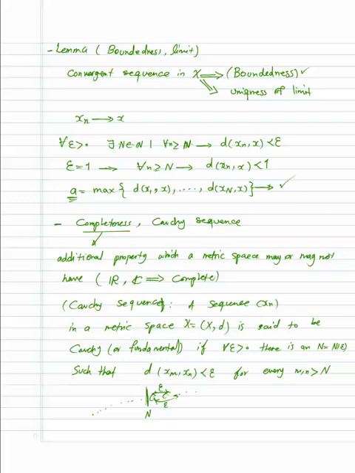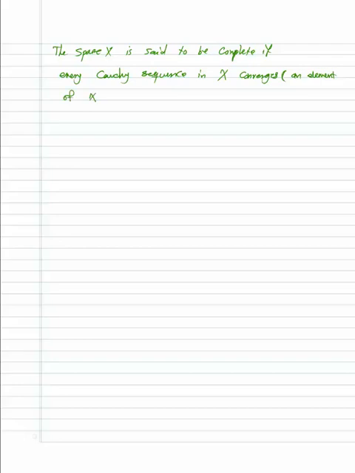Okay, then this space X is said to be complete if every Cauchy sequence in X converges, which we know that it should be an element of X. Okay, then now we know why we need Cauchy sequences.